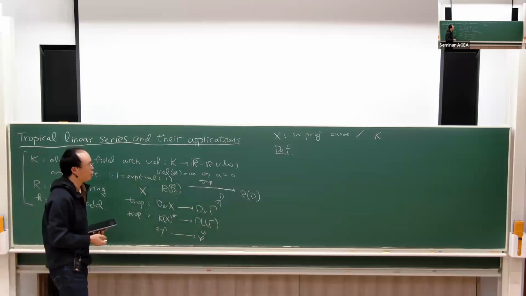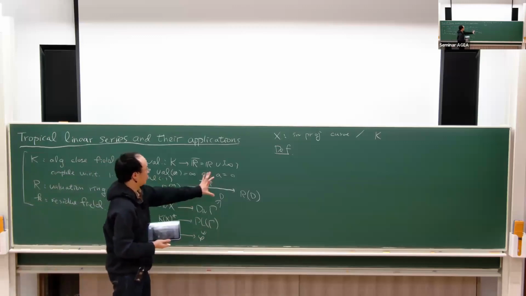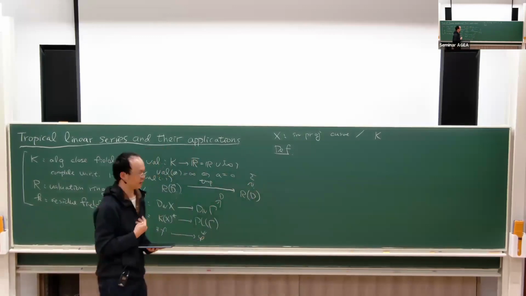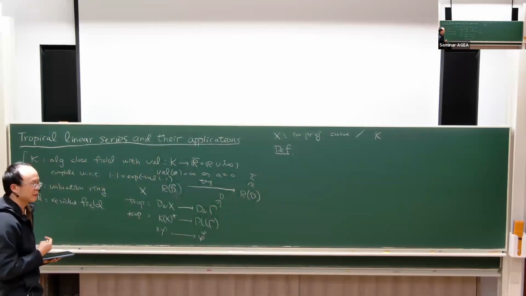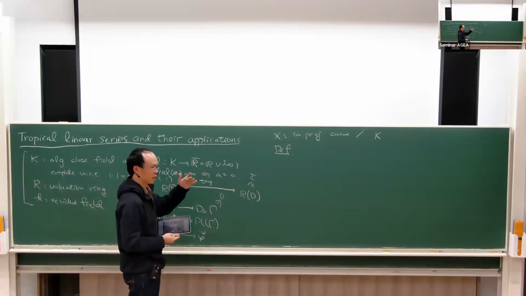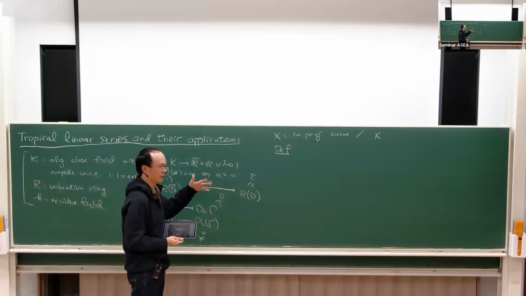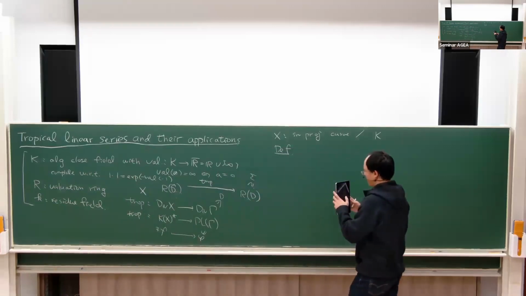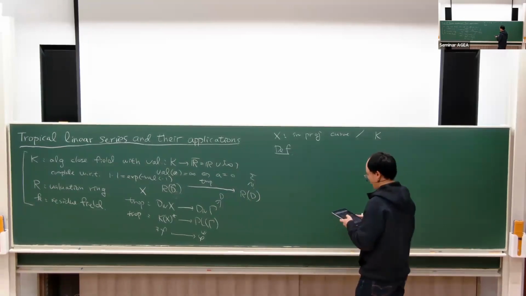So we try to characterize which tropical linear series actually come from the tropicalization of linear series. Actually, the current state is that our definition is not equivalent to the tropicalization of linear series. It's slightly more general, but we intentionally do this, and maybe I'll talk about this later. So that's probably the goal of today's talk.